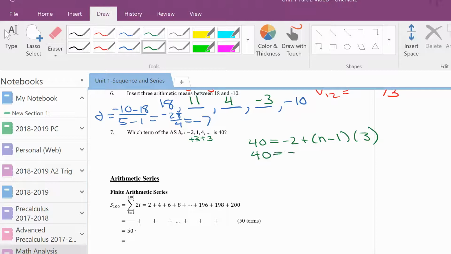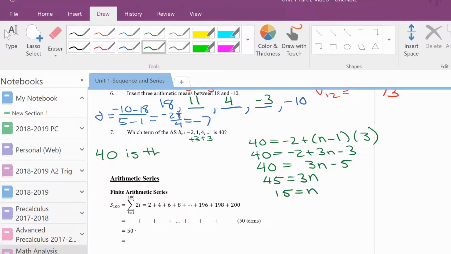So 40 is equal to negative 2 plus 3n minus 3. So you add 5 and divide by 3, and you get that n is 15. So basically it means that 40 is the 15th term of the sequence.